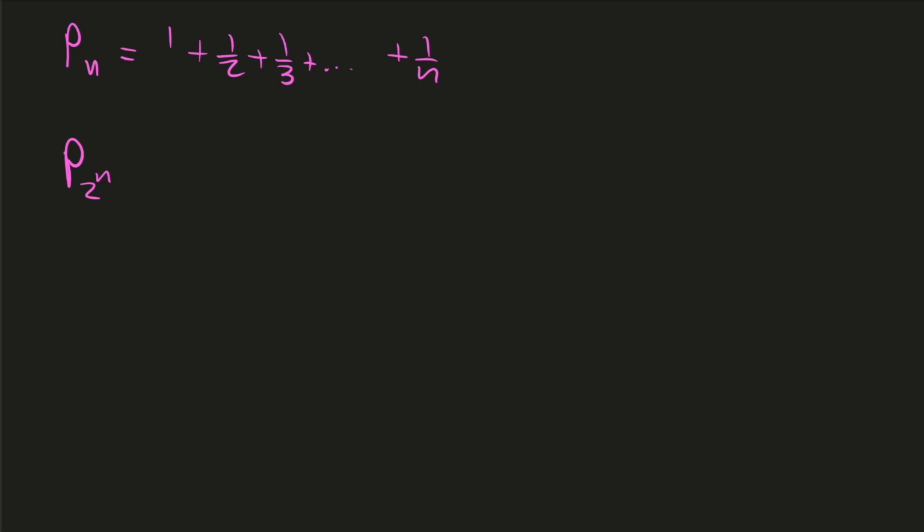Okay, so basically just writing what I have above, so on and so forth, up to 1 over 2 to the n. Well, what we can do is prove that this thing is greater than 1 plus a half.